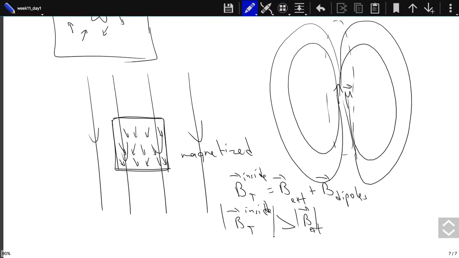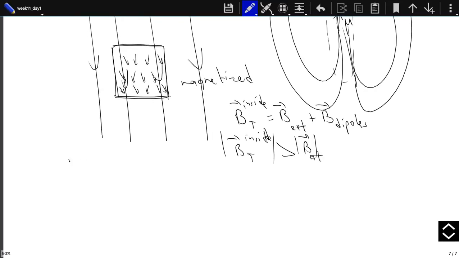In the case of magnetic properties, if you put a material in a magnetic field, and the atoms or molecules making this material have a magnetic dipole moment, the magnetic field inside will be larger than the external magnetic field. Such materials are what we call paramagnetic materials.